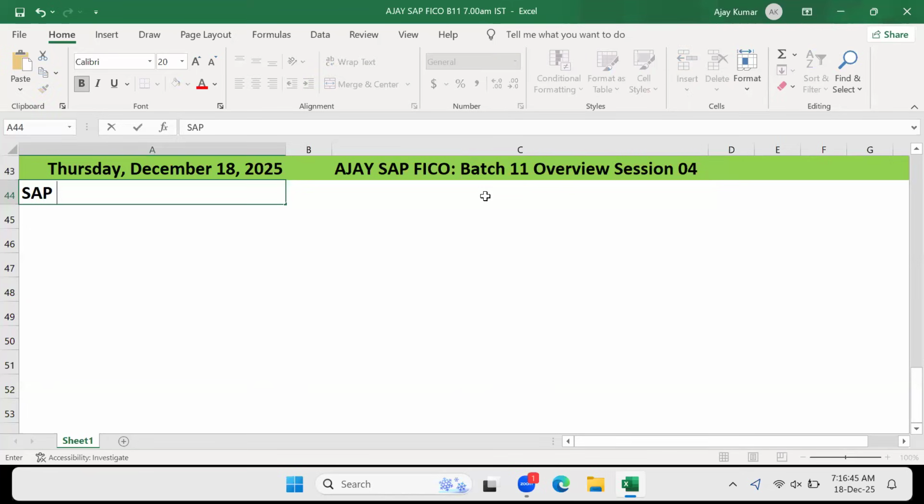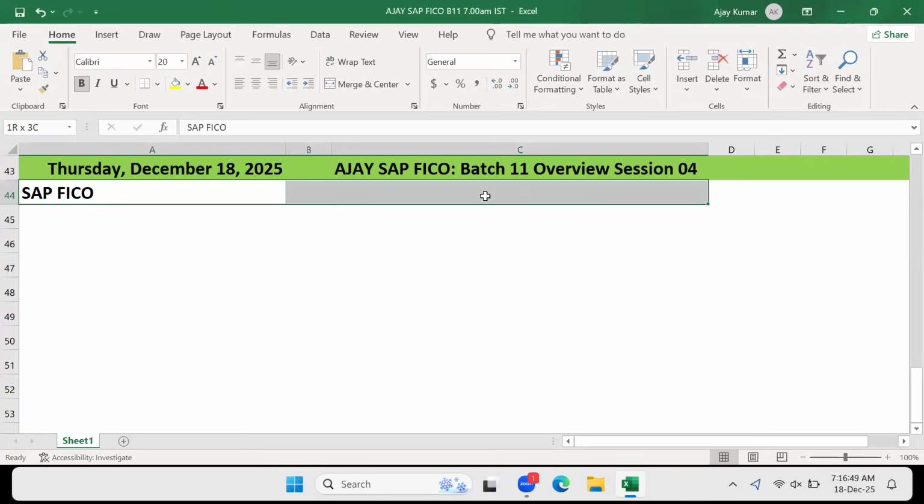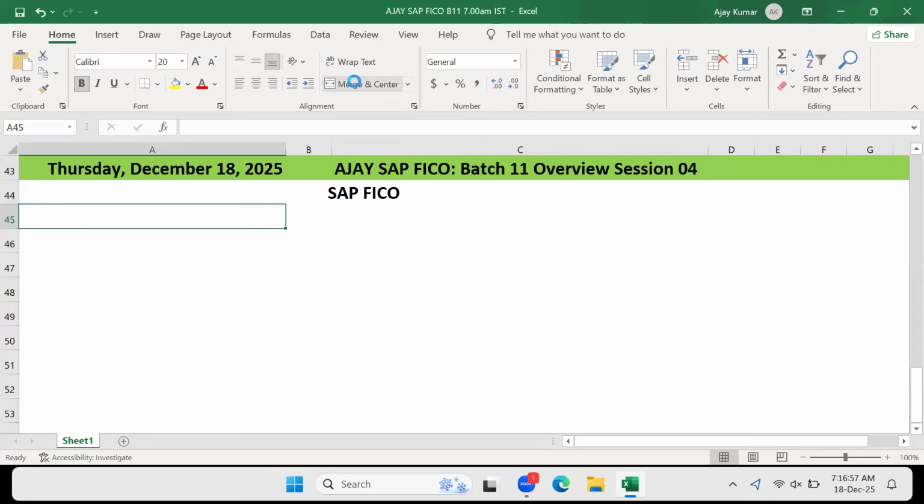We are all aware SAP FICO, is it a single module or two modules? Two modules, sir, FI and CO. This is two modules. Basically SAP FI is nothing but financial accounting.